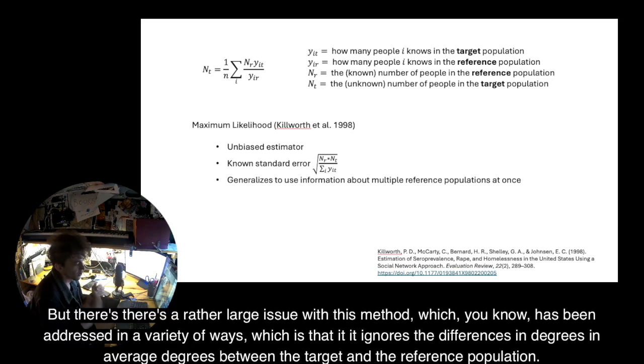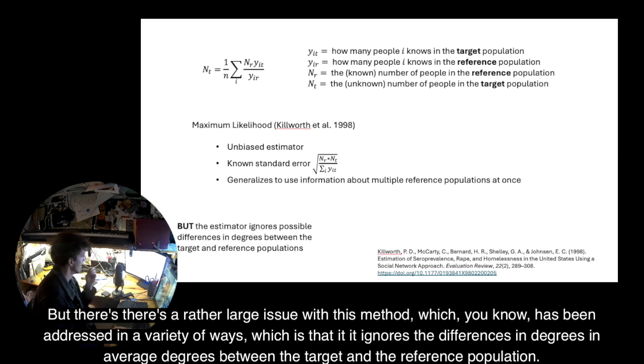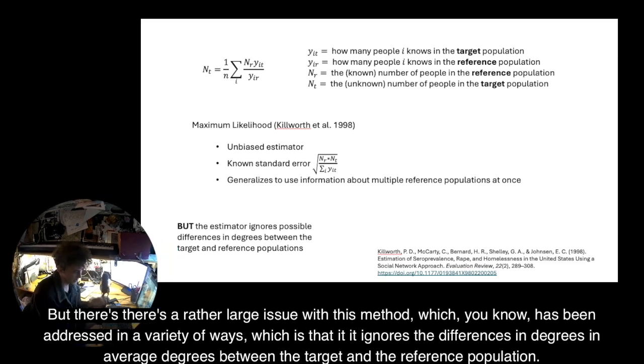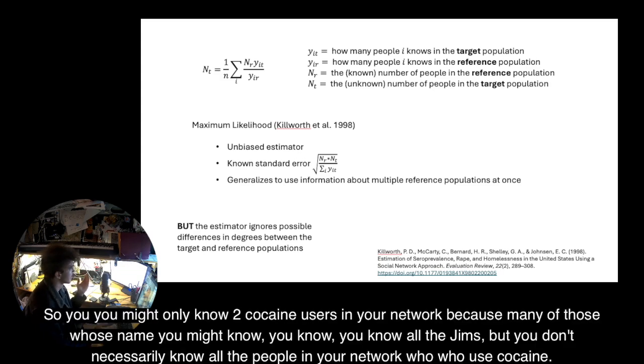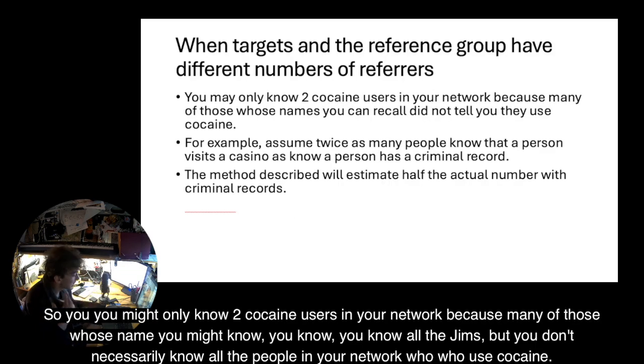But there's a rather large issue with this method, which has been addressed in a variety of ways, which is that it ignores the differences in average degrees between the target and the reference population. Let me quickly explain that. You might only know 2 cocaine users in your network because, while you know all the gyms, you don't necessarily know all the people in your network who use cocaine.